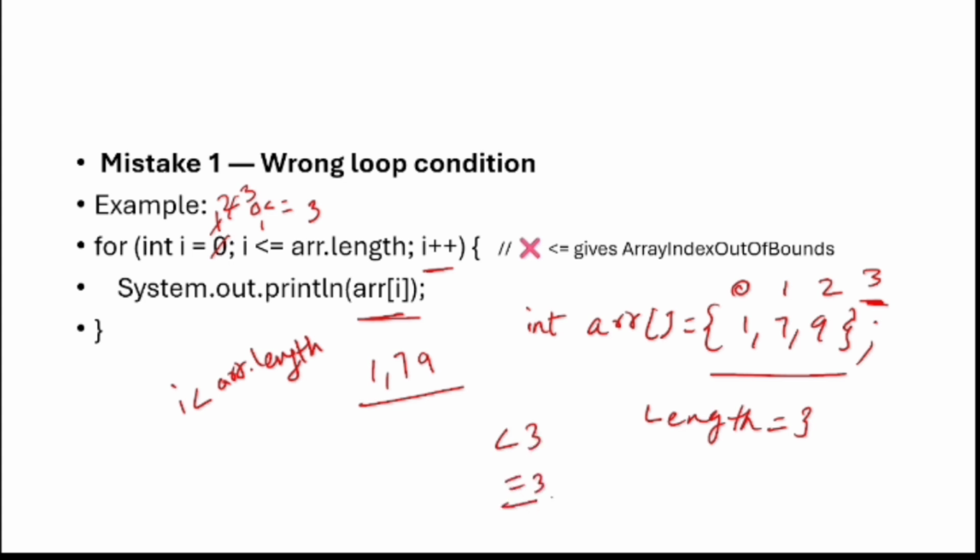For equal to 3, it will exceed the range. So you need to write less than array dot length. So these are the logics. These are not syntax errors. You have missed some logic here, and you are not getting the expected output.